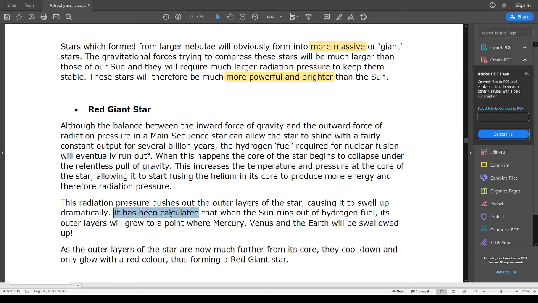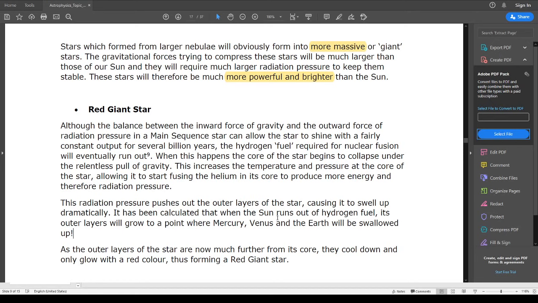It has been calculated that when the sun runs out of hydrogen fuel, its outer layers will grow to a point beyond Mercury, Venus, and the Earth will be swallowed up. Do you guys remember the solar system diagram? Mercury, Venus, Earth, Mars, Jupiter, and all that, right? All the way up to Earth will be the sun itself.